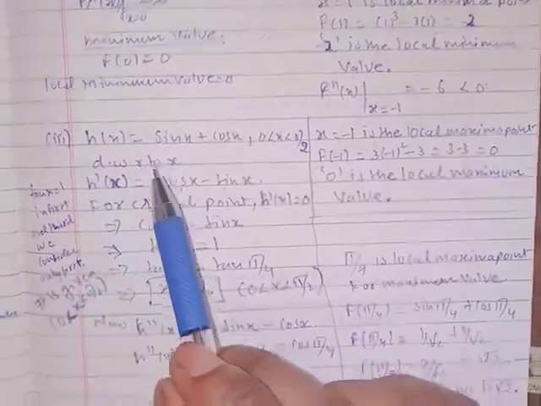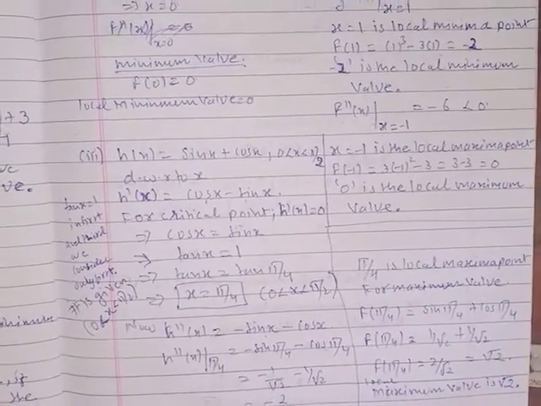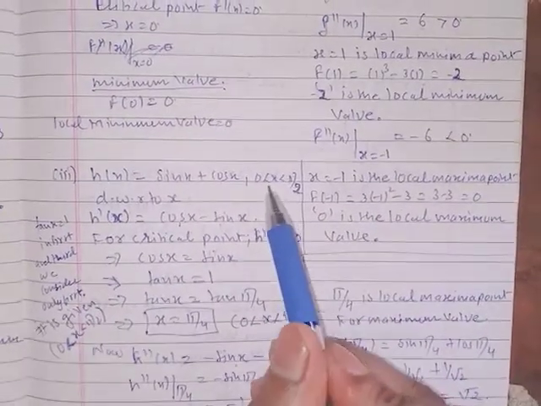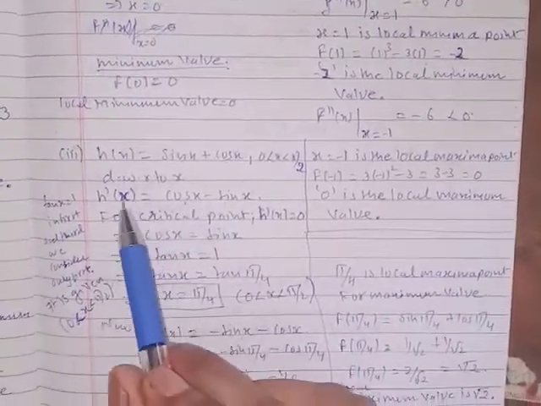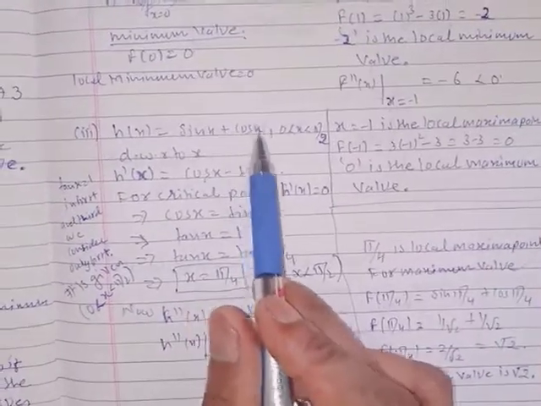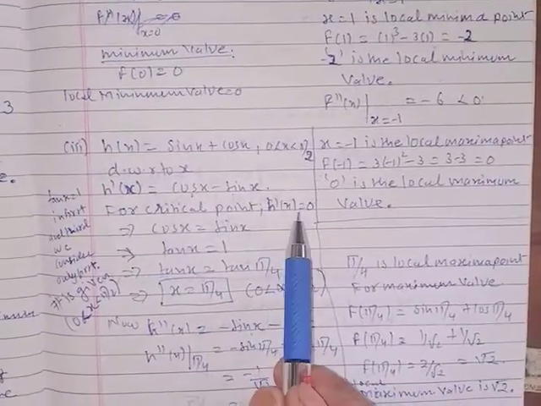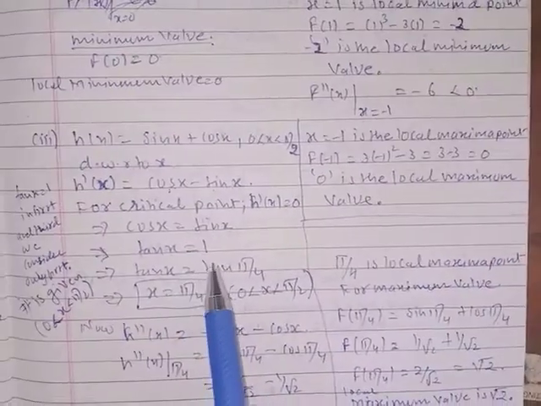The third one, h of x is equal to sin x plus cos x, with 0 less than x less than pi by 2. Derivative with respect to x, so h dash of x is cos x minus sin x. For the critical point, equate it to 0, so you will get tan x equal to 1.